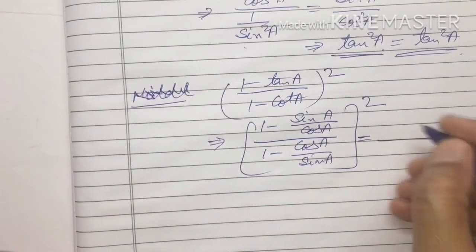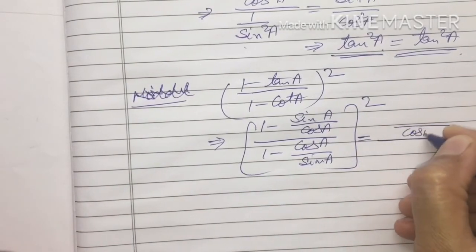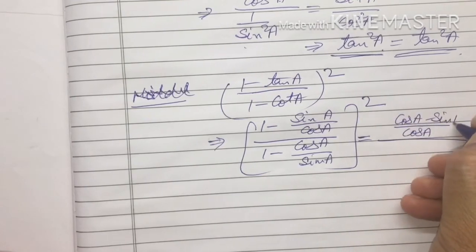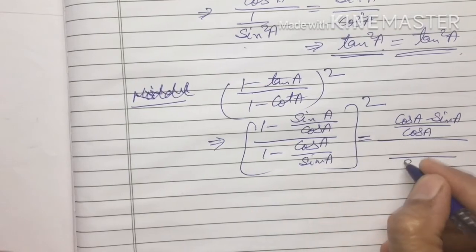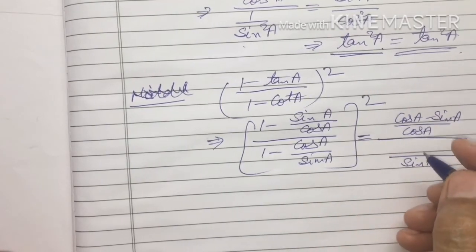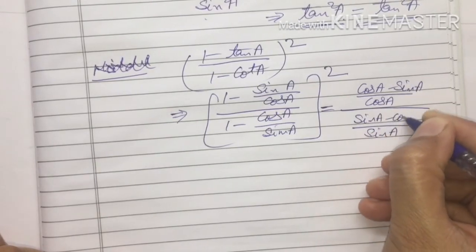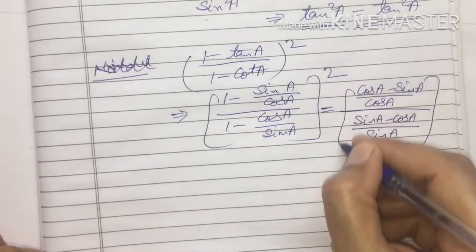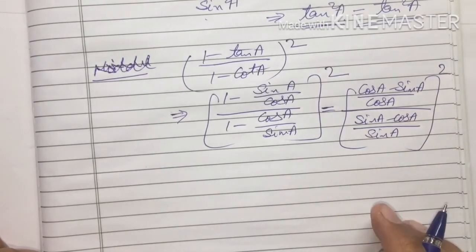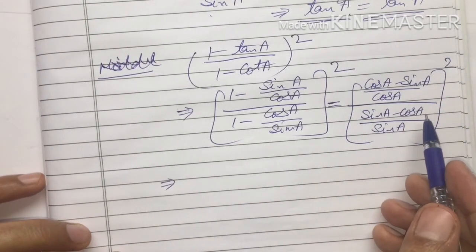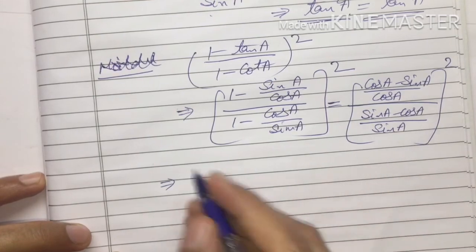Then we will take LCM. In the numerator, cos A is the LCM, so cos A minus sine A, and in the denominator sine A is the LCM, so sine A minus cos A, and square of this. So now we will put these terms in the up direction, so we will take reciprocal.